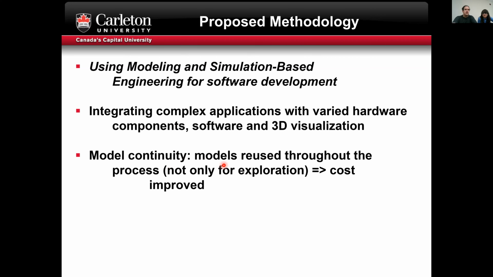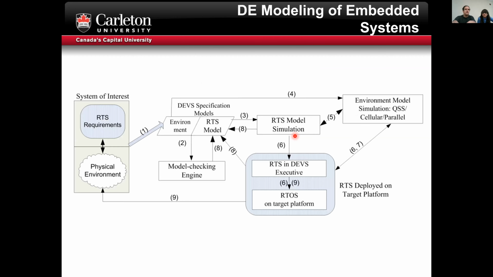We reuse the models in every single step. It's not only for exploration and implementation, and we integrate them in complex applications with different hardware, different software, and 3D tools. Okay, so we will show how this is done during this presentation, but this is the motivation of what we have been working on.